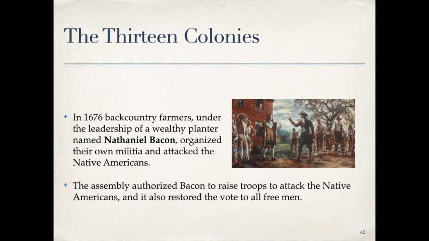In 1676, backcountry farmers, under the leadership of a wealthy planter named Nathaniel Bacon, organized their own militia and attacked the Native Americans. The Assembly authorized Bacon to raise troops to attack the Native Americans, and it also restored the vote to all free men.